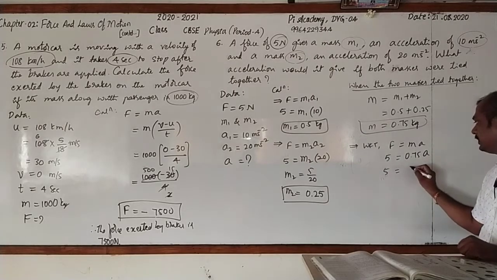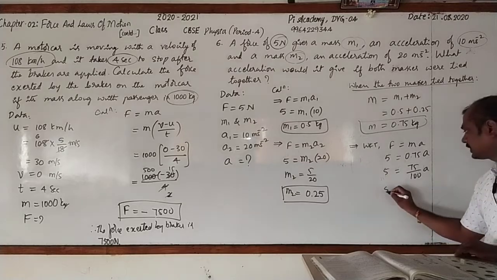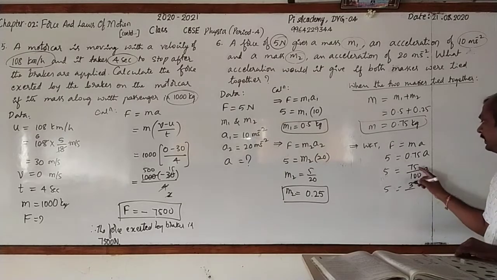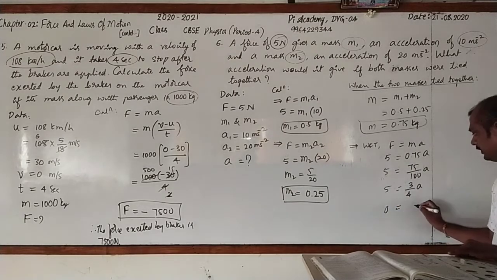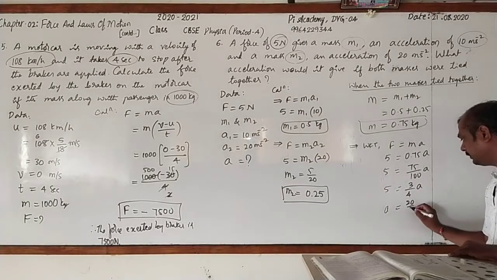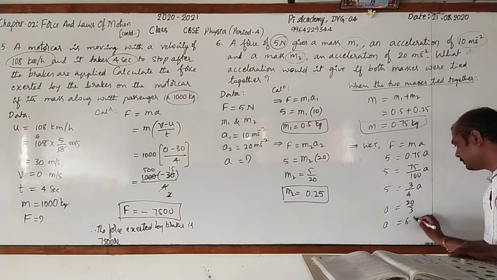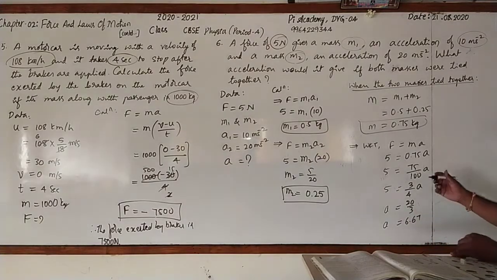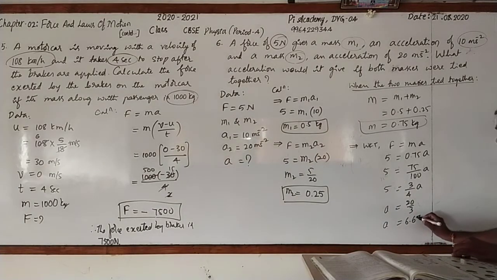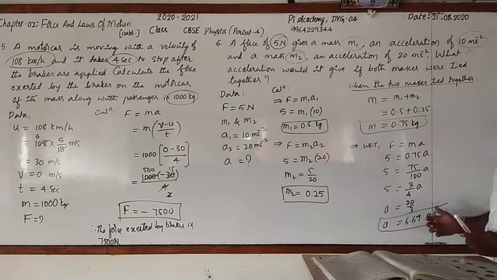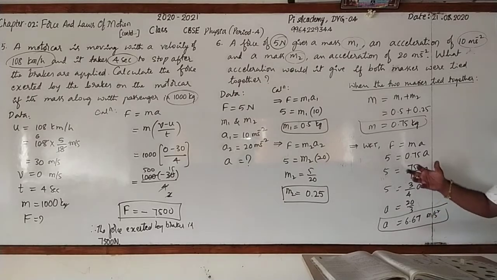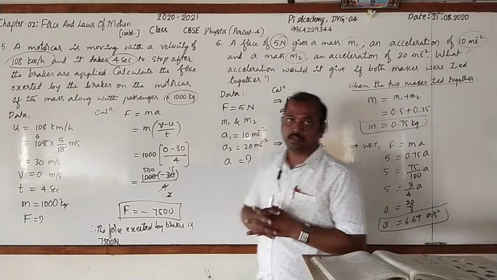This can also be written as 75 by 100 into A, which is 3 by 4 into A. Then A is equal to, cross multiply, 4 5s are 20, 20 by 3. A is equal to 6.66, and approximately we can write 6.67 meter per second square. This is the acceleration given to the body when two masses are tied together.